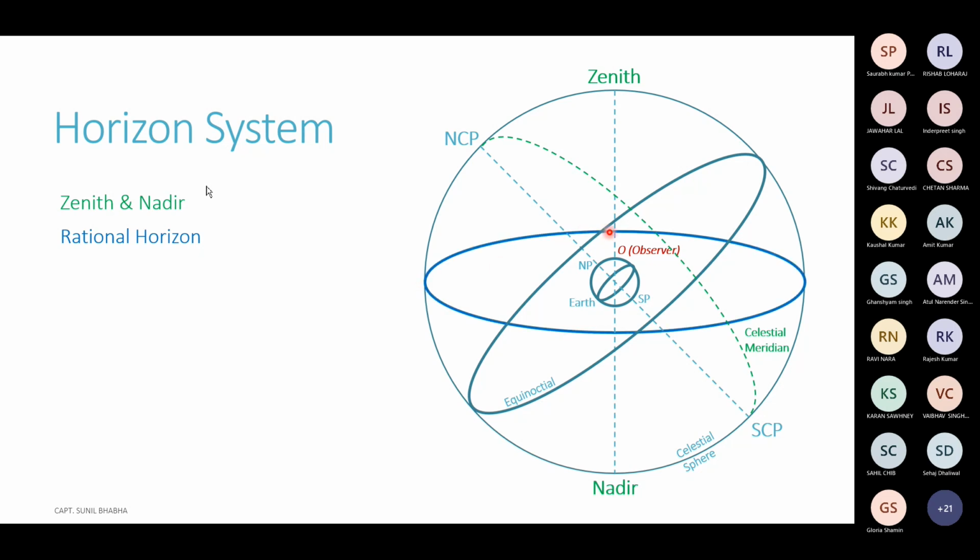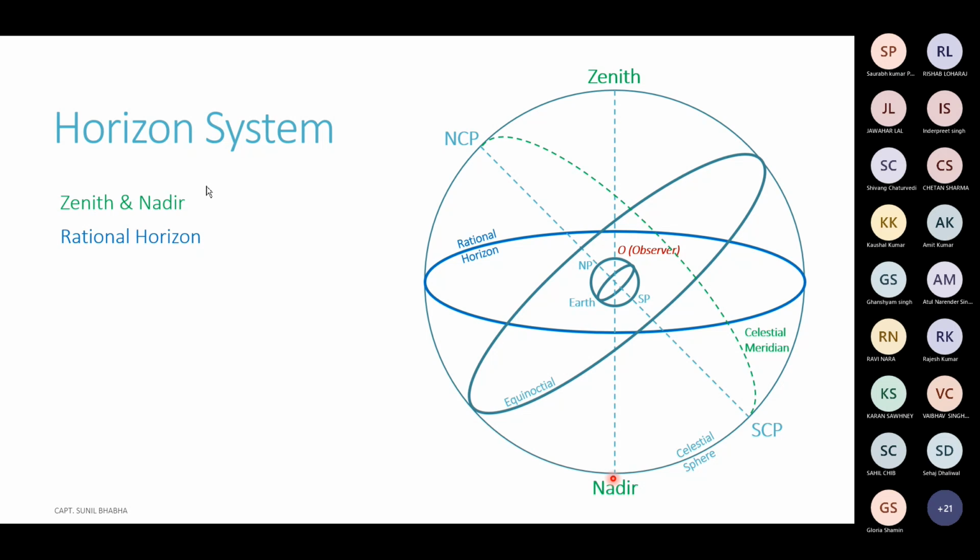So let's mark it in the diagram. You can see this blue color great circle represented in the diagram as the equinoctial. Sorry, as the rational horizon. My mistake. So rational horizon is a great circle on the celestial sphere exactly midway between the zenith and the nadir.